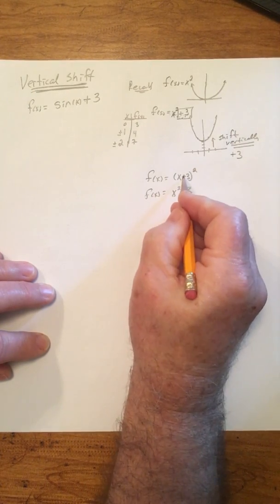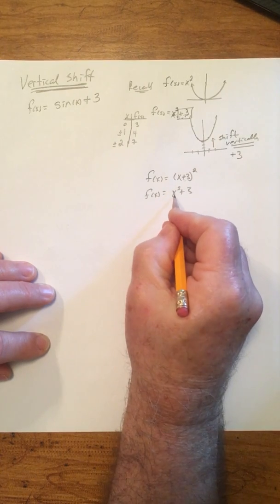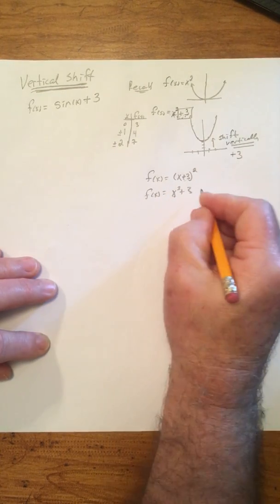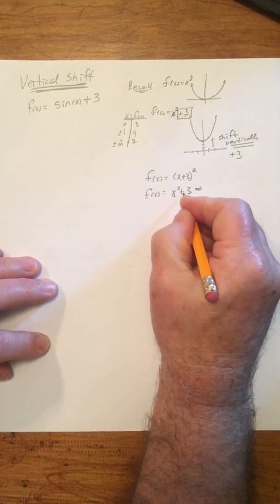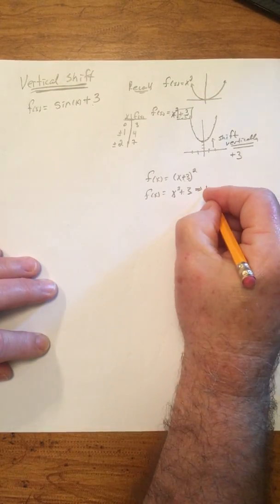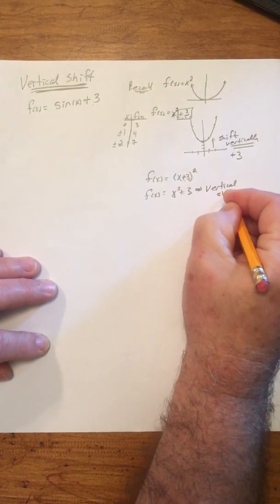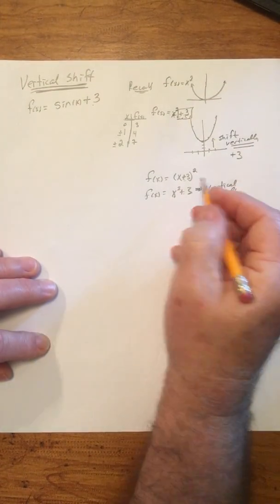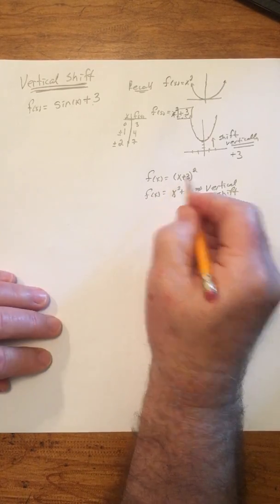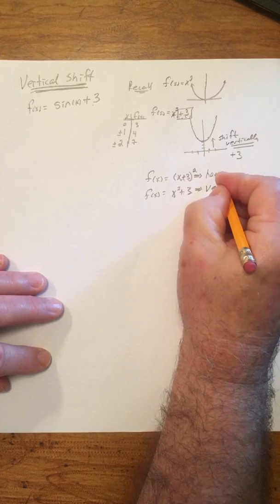If you add or subtract outside, which is what we're doing here, that corresponds to a vertical shift. If you add or subtract on the inside of a function, I think most of us recall that corresponds to a horizontal shift.